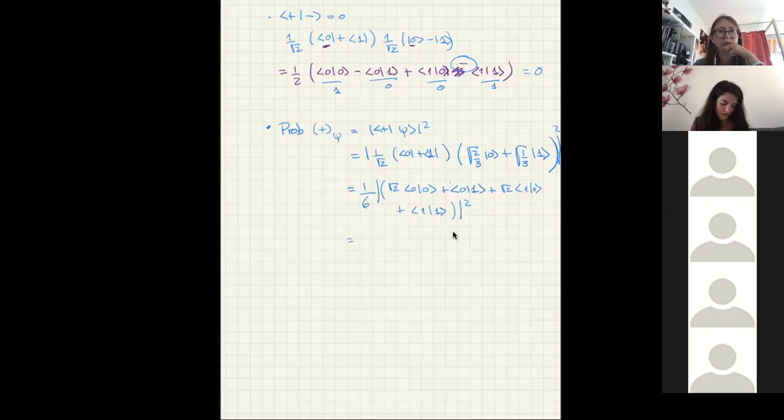So we have 1 over 6 times square root of 2 plus 1, squared. Okay, it's not pretty, but that's the result we get.